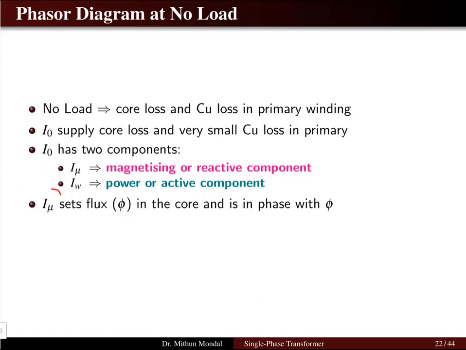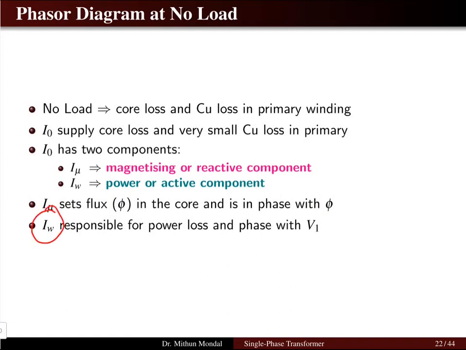So I mu, which is the magnetizing component, is setting the flux in the core, and we can say that it is in phase with the flux phi. Whereas IW is responsible for the power loss. Power loss, we know, is represented in watts, and it is the resistive component. Hence, it will be in phase with the voltage V1.